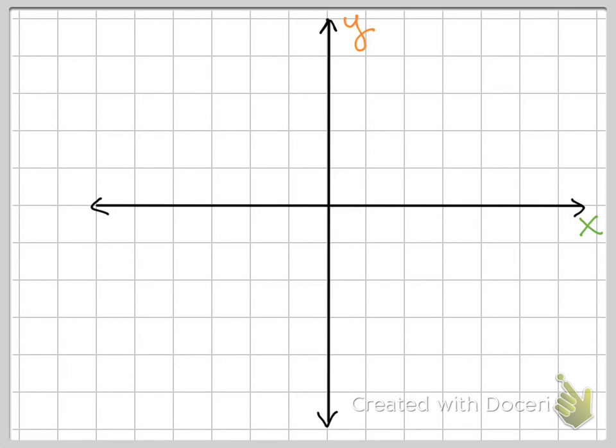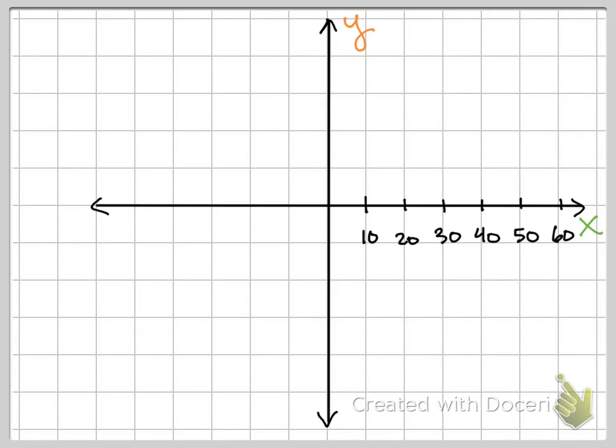So I might draw a line for each of these boxes, but instead of going by ones like what I've been doing, I'm going to go by tens. So 10, 20, 30, 40, 50, 60.